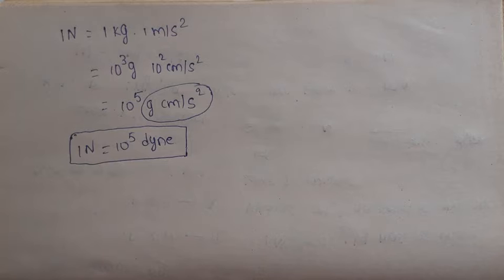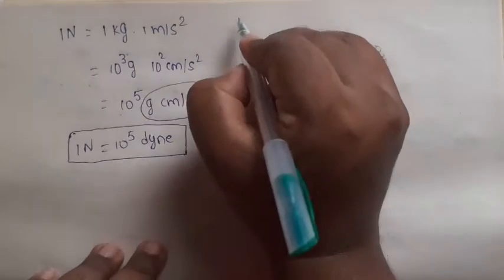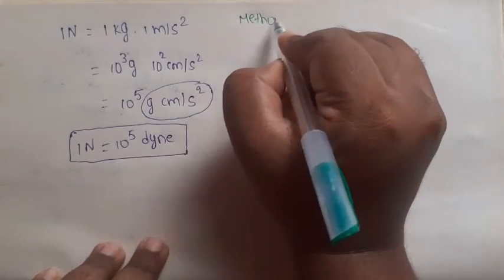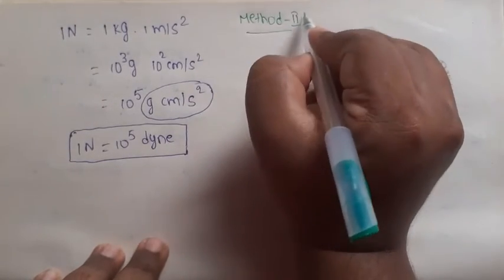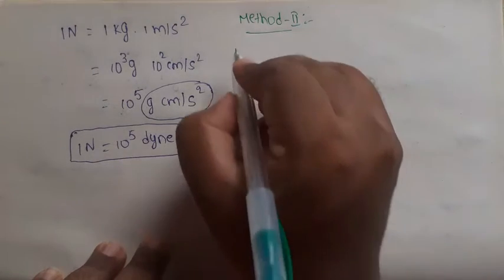Another method to prove Newton's second law. This is the first method, where we are using the direction of the applying force on the object. Method 2.